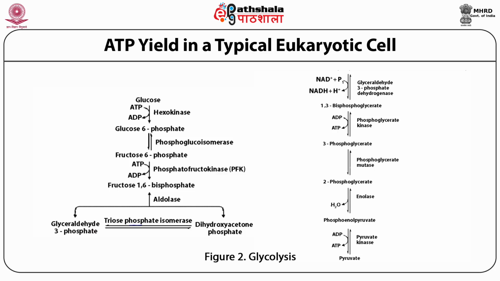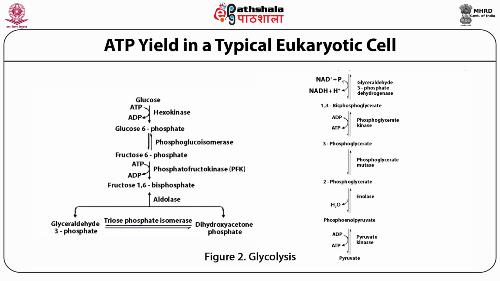Now, this fructose 1,6-bisphosphate splits from a 6-carbon compound into 2 molecules of 3-carbon compounds, that is glyceraldehyde 3-phosphate and dihydroxyacetone phosphate. This glyceraldehyde 3-phosphate, as you have learned in the process of glycolysis, so I will not go into much detail over here, my dear students.